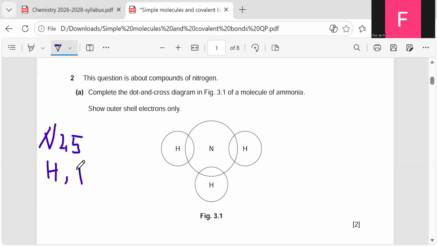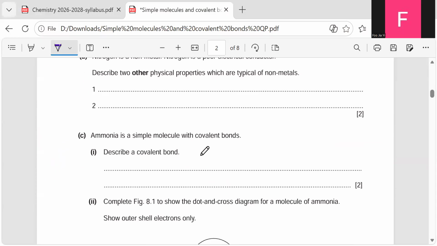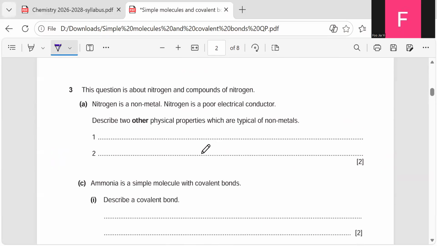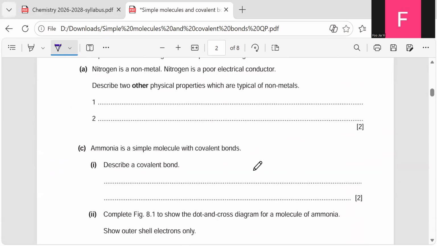What are you doing? Focus. Try and do this one and this one over here.